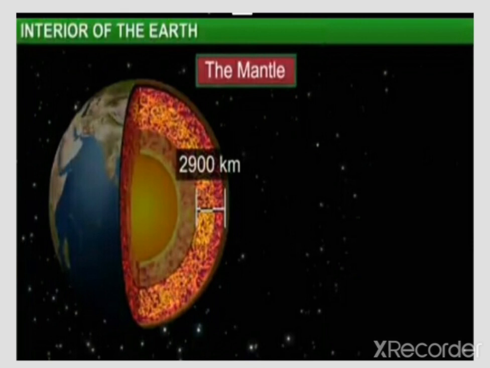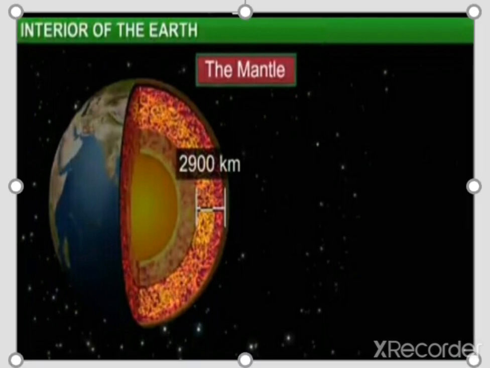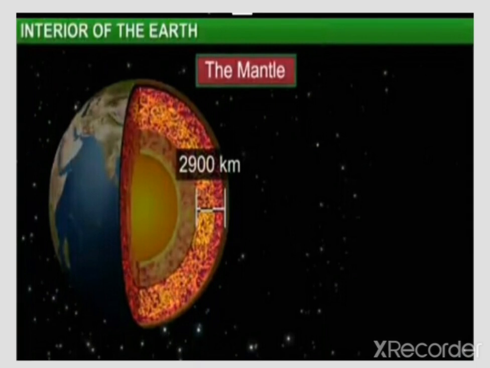But as we move to the lower mantle layer, the density increases, and in the lower mantle layer the density of the material is around 5.7 gram per centimeter cubed. Why does the density increase from the upper mantle layer to the lower mantle layer?